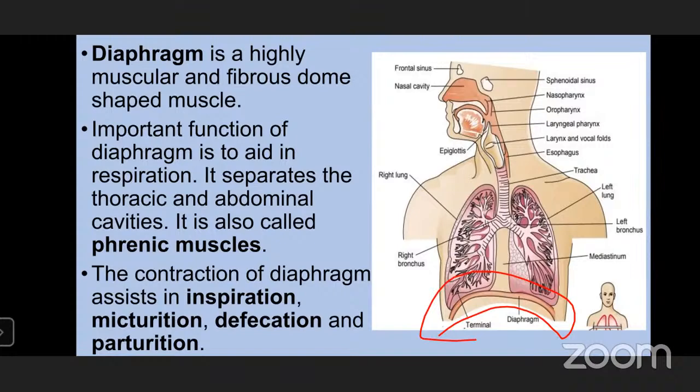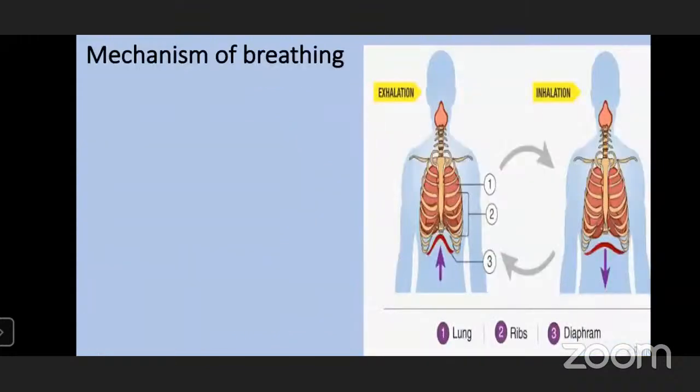So not only is its function to separate the thoracic and abdominal cavity and to help in inspiration, it is also helpful in many other activities of the body.